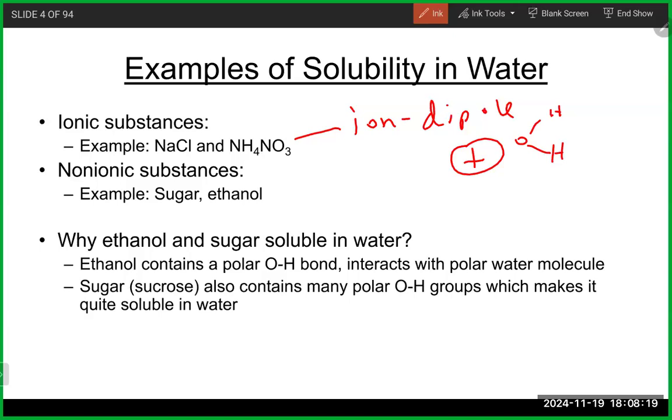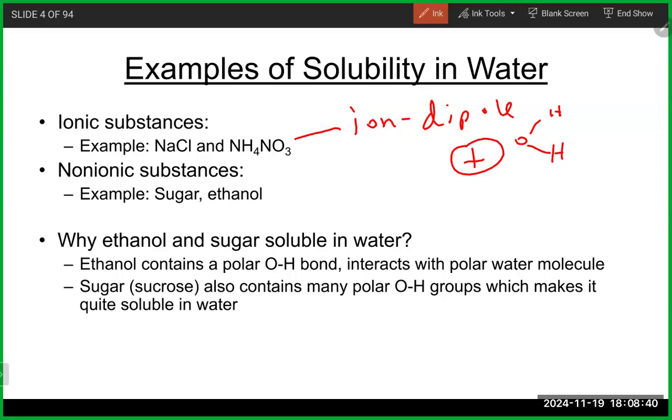That's essentially how we dissolve ionic compounds in water: all the water molecules surround all of the ions, and that allows it to dissolve, to sort of disappear from our eyes. It looks like it's gone and went somewhere, and it's just not visible to us anymore because there are so many water molecules surrounding those ions.